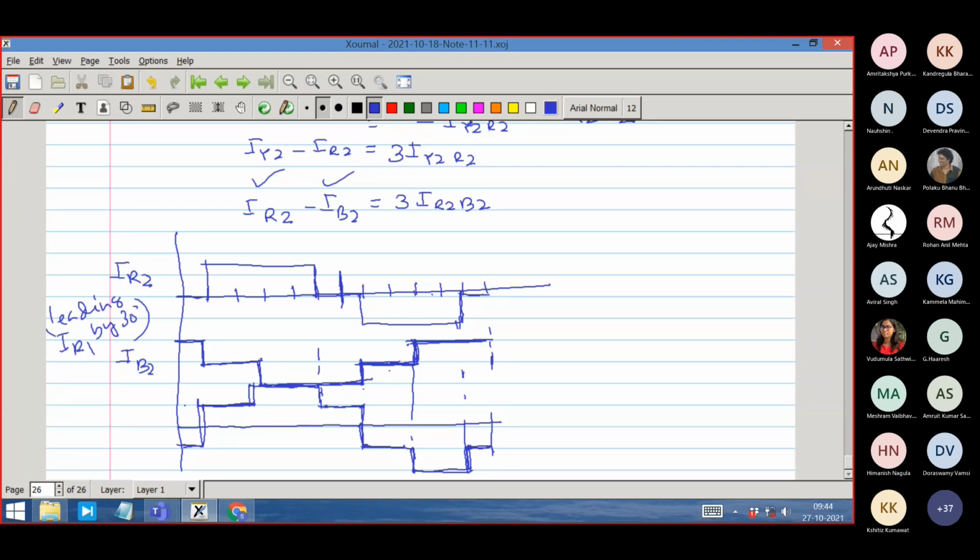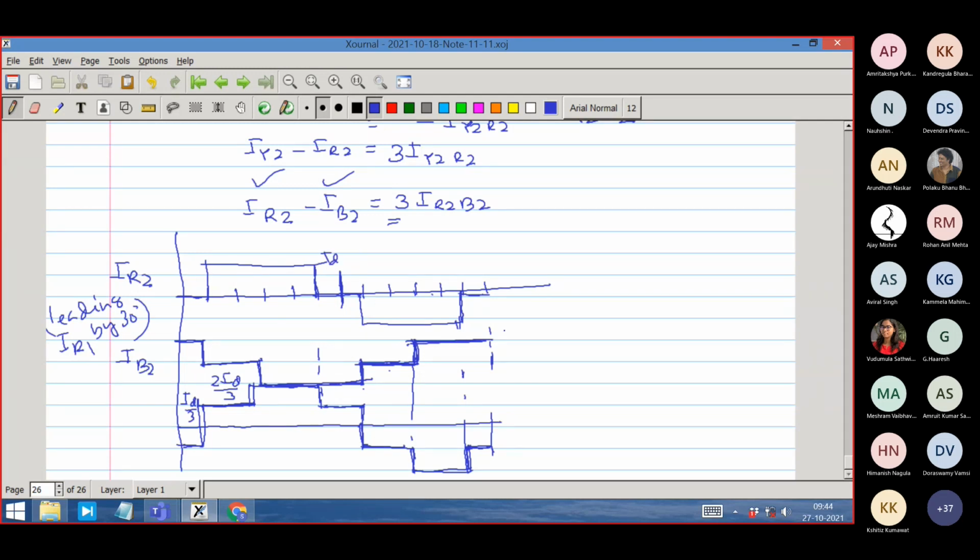and scaling. Then IR2 minus IB2 divided by 3. So if you look at it, this magnitude will be 2ID by 3, and this will be ID by 3, isn't it? This will be 2ID by 3, this will be ID by 3, so on and so forth, right? Are you getting what I am doing? This is ID plus ID. These levels are ID.